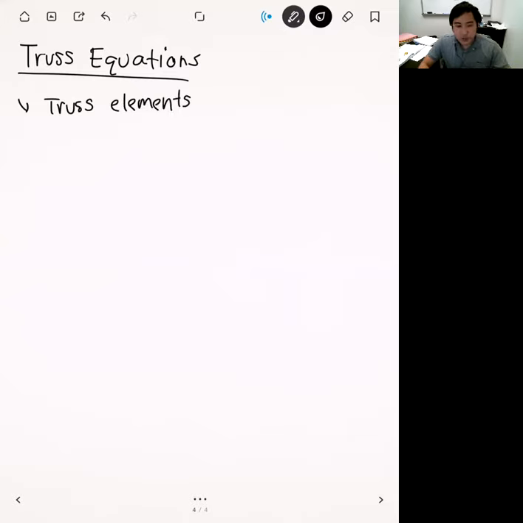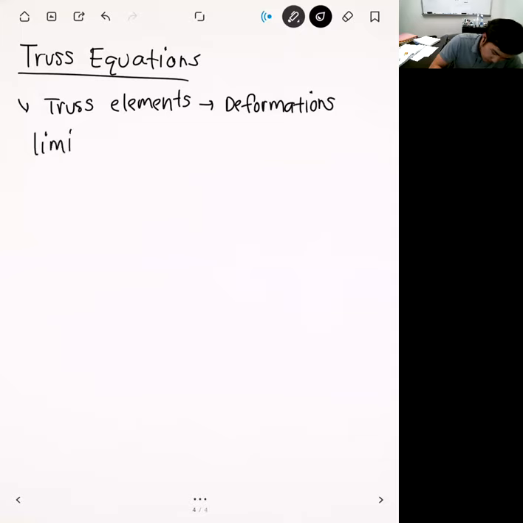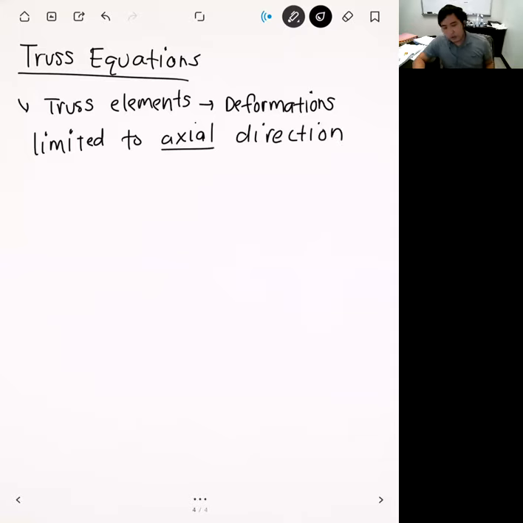And so the big thing that we assume with truss elements is that their deformations are limited to the axial direction. Okay.